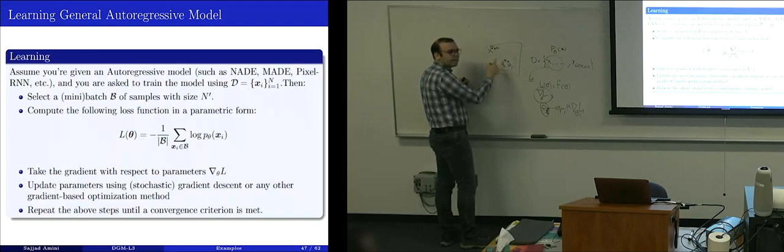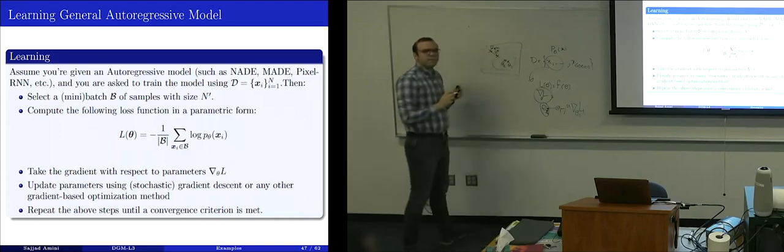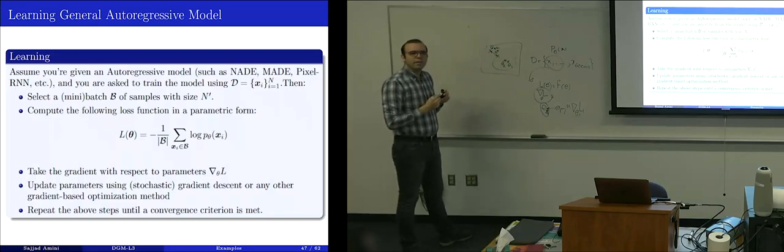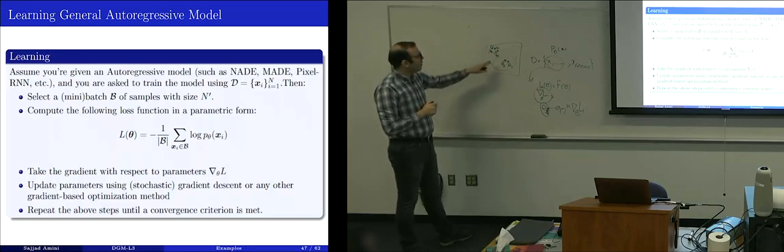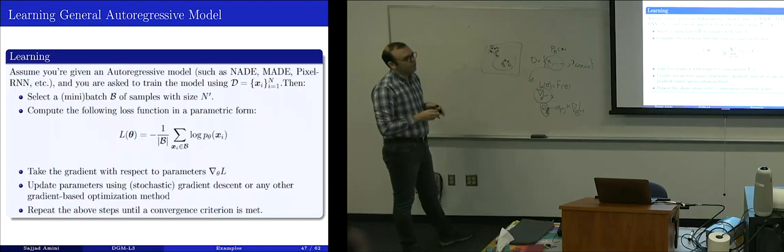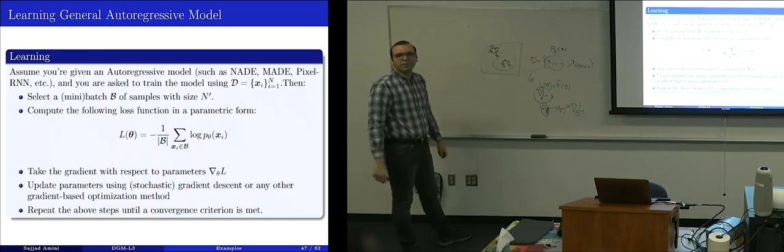Okay? And by repeating this procedure, I hopefully reach this point, which is in the nearest distance to my true data distribution. And the final value of theta is your final model. And that model can be used for generation, for density estimation, for any task we talked about before.